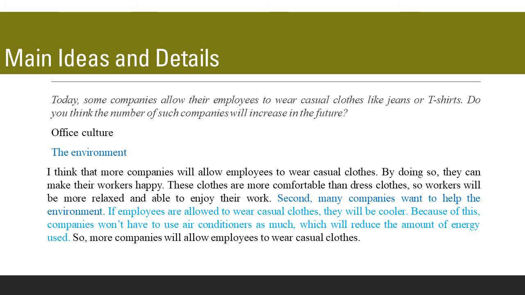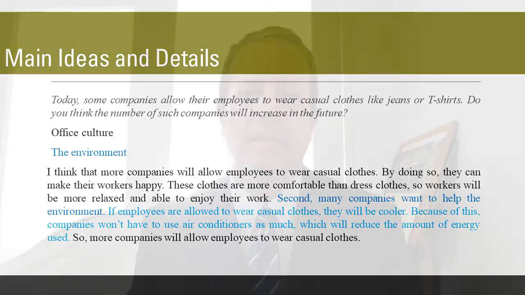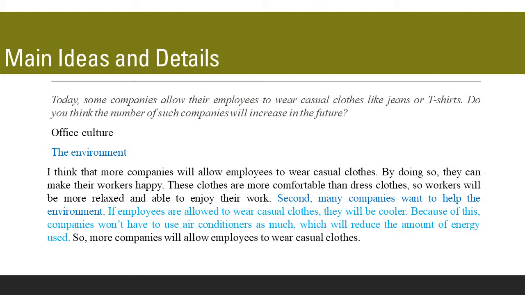Again, I've just taken the word, the environment, from the suggested supporting ideas, and I've repeated it in this dark blue sentence. Now, I need to give some more detail to explain what I mean when I say companies want to help the environment, and how that is connected to casual clothing. So that's where the light blue sentences become important, and they're going to explain it.